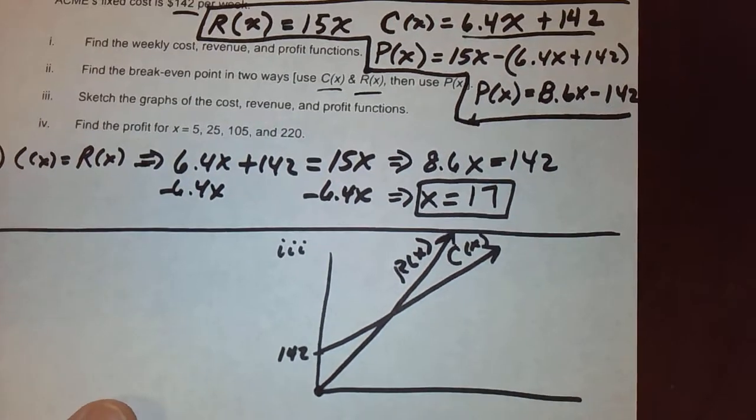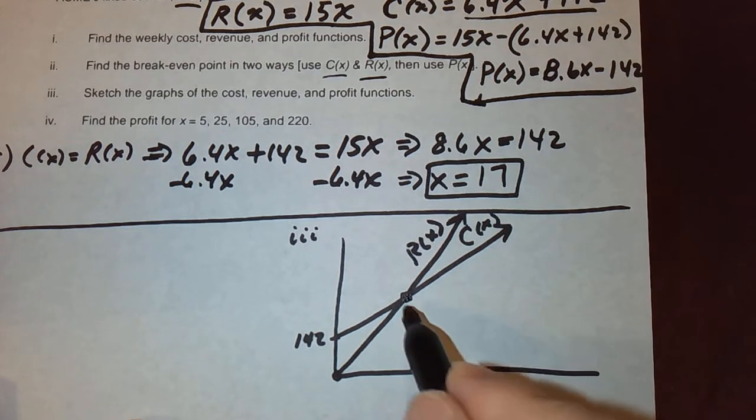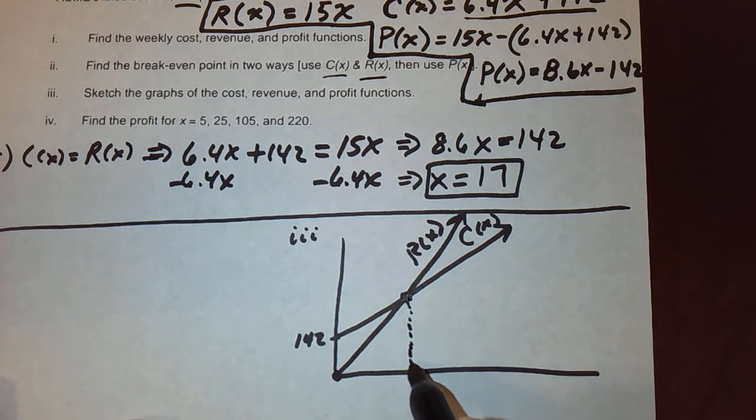And guess what the break-even point is? Well, it's exactly the x value right here. Whatever number that is would give us the break-even point. We determined what that was, so 17.